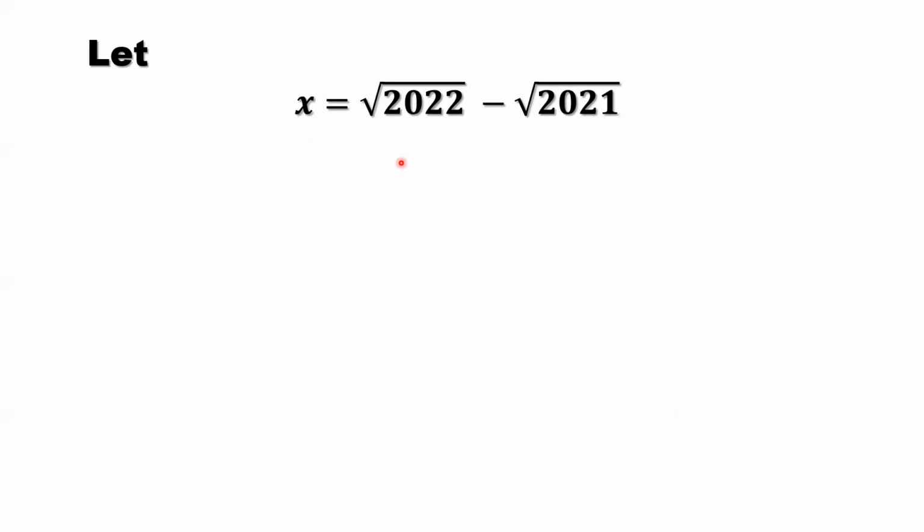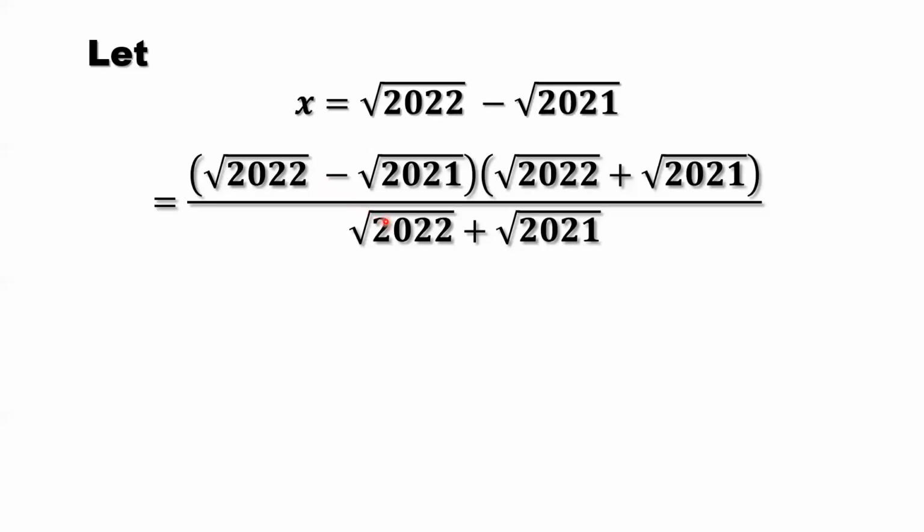So let x equal square root of 2022 minus square root of 2021, two consecutive numbers. Both numerator and denominator are multiplied by its conjugate, which is square root of 2022 plus square root of 2021.